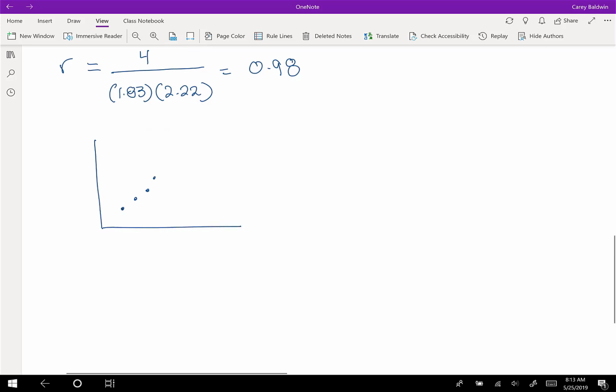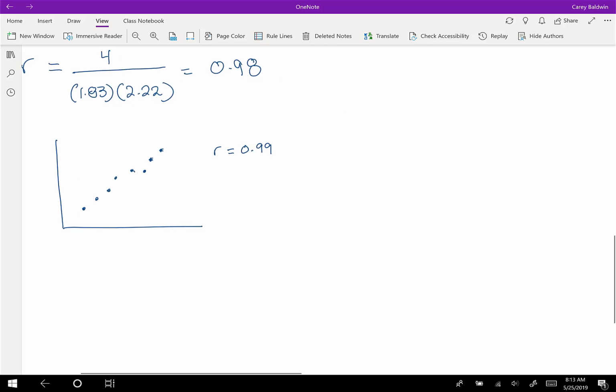If I have a relationship that's not exactly on the line, but fairly close, the R value, the correlation, is going to be close to +1. I might have something like 0.99.